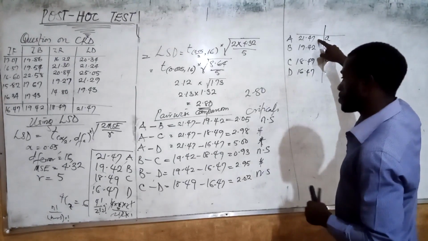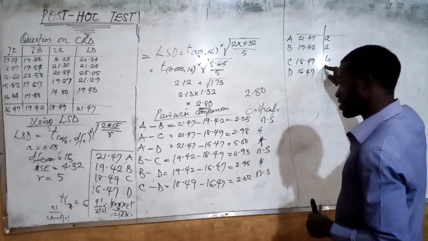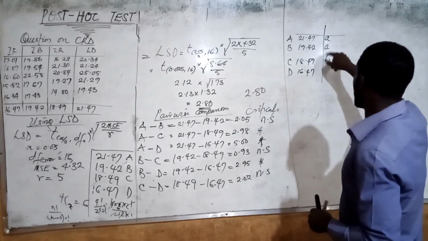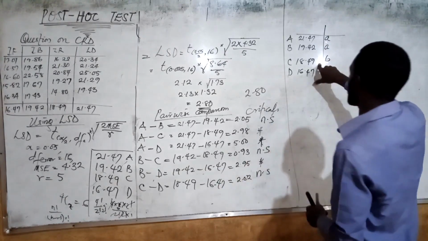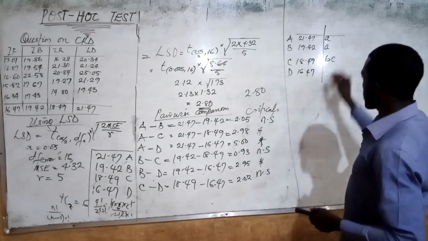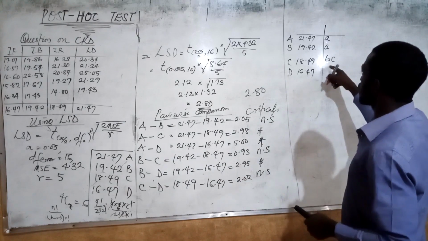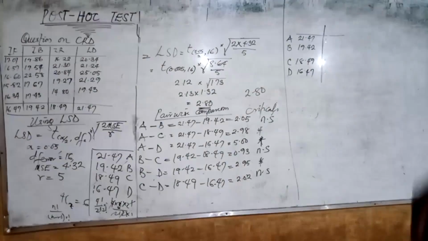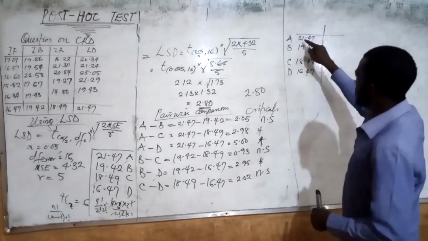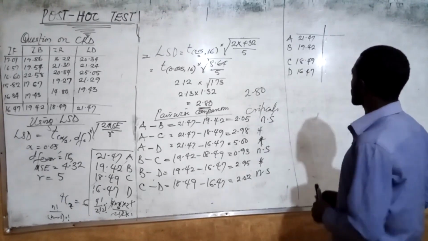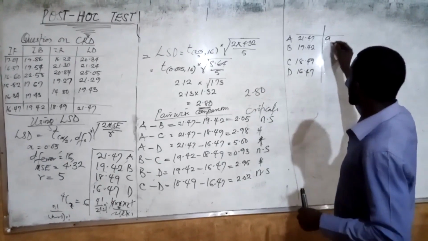Let's now compare B and C. Are they significantly different? No significant difference. So between means that don't have significant difference, we put the same letter.